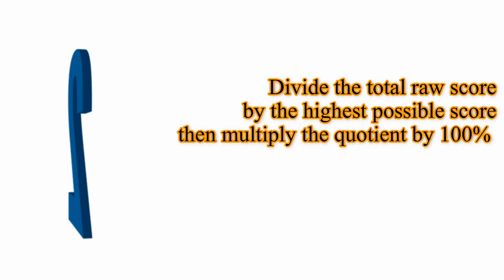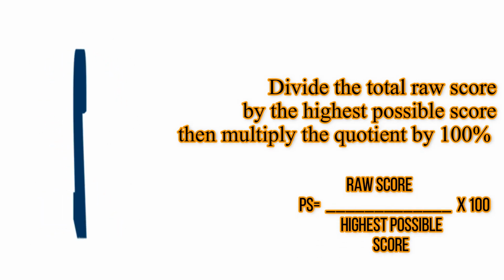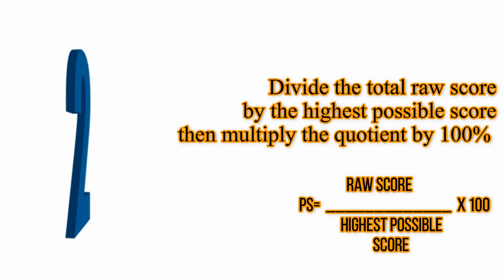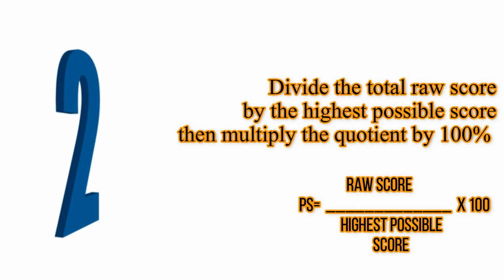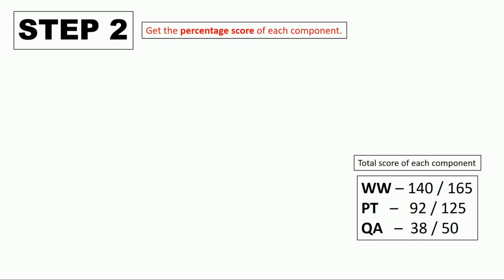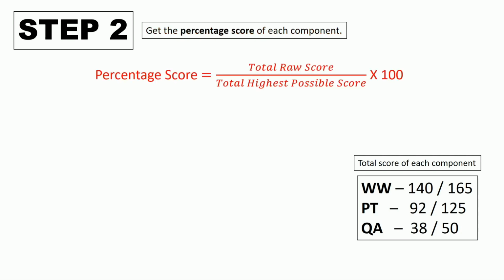Step 2. Divide the total raw score by the highest possible score, then multiply the quotient by 100%. After we get the total scores of each component, we are now going to get the percentage score of each component using the formula for the percentage score.